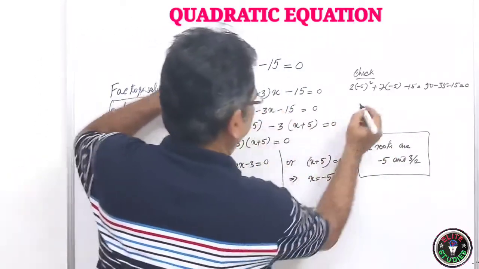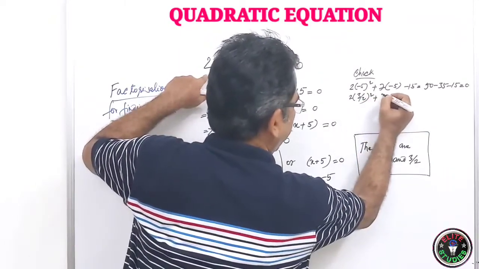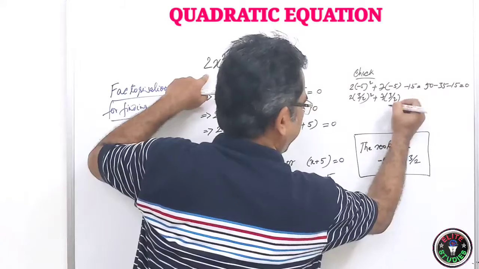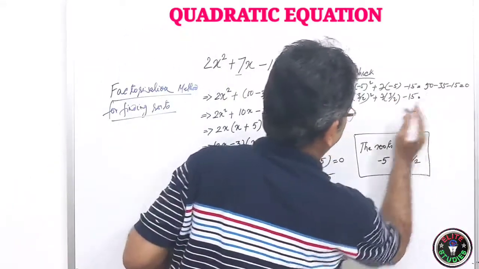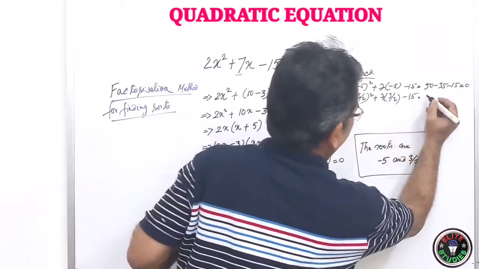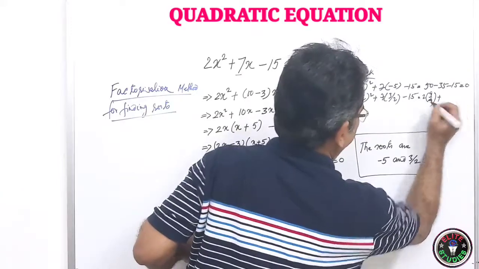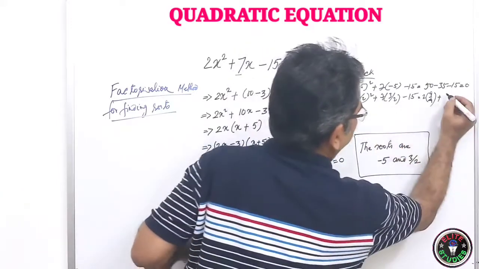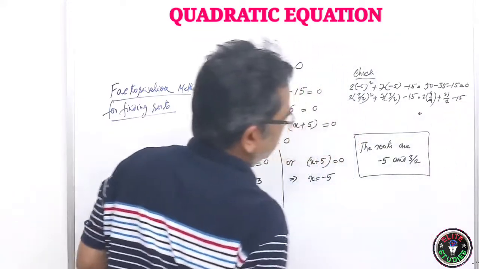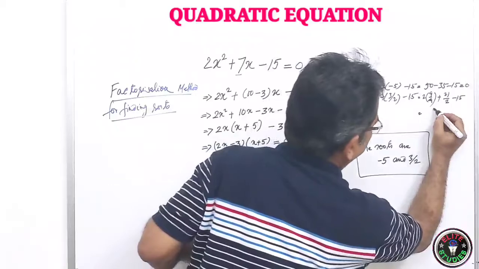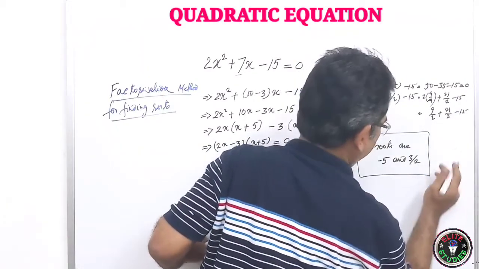Now let us check for 3 by 2. So it will be 2 into 3 by 2 square plus 7 into 3 by 2 minus 15. So what will it give you? It will give you 2 into 9 by 4 plus 7 3s are 21 by 2 minus 15. So 2 cancels, it will be 9 by 2 plus 21 by 2 minus 15.